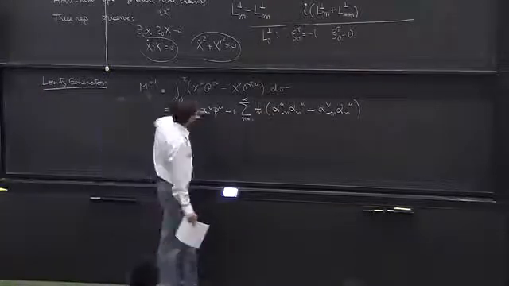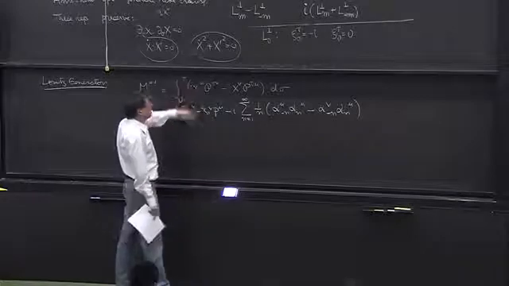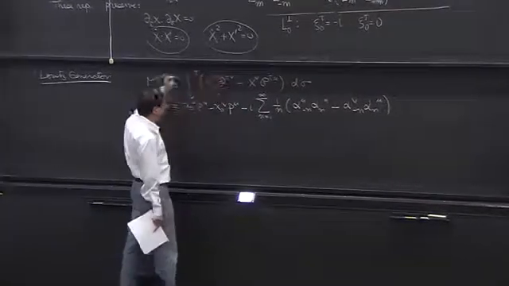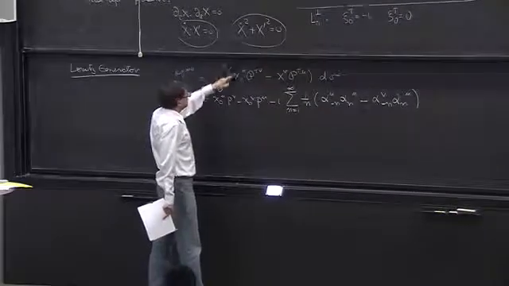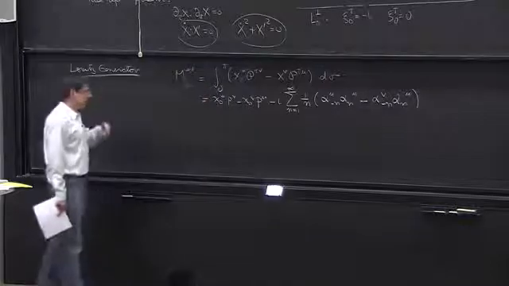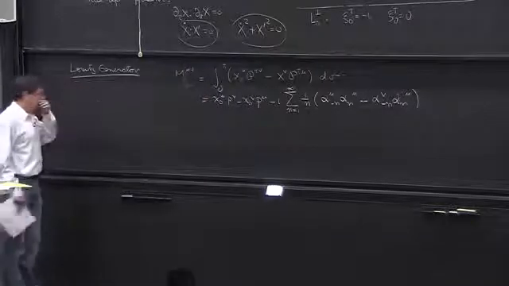Like many of the formulas I write, this takes about 5 minutes to derive, so we can't do it here, but you have the oscillator expansions of the x's and of the p's, you multiply and you do it.